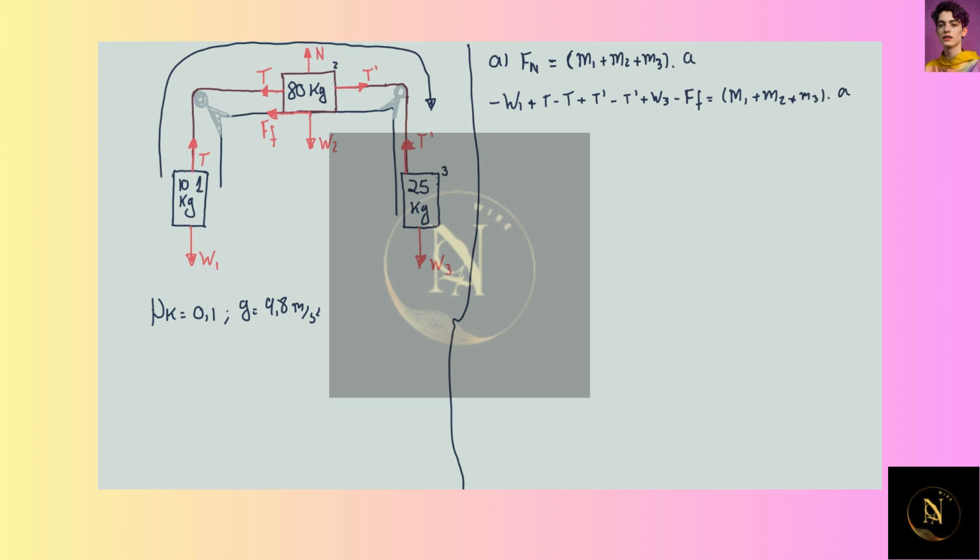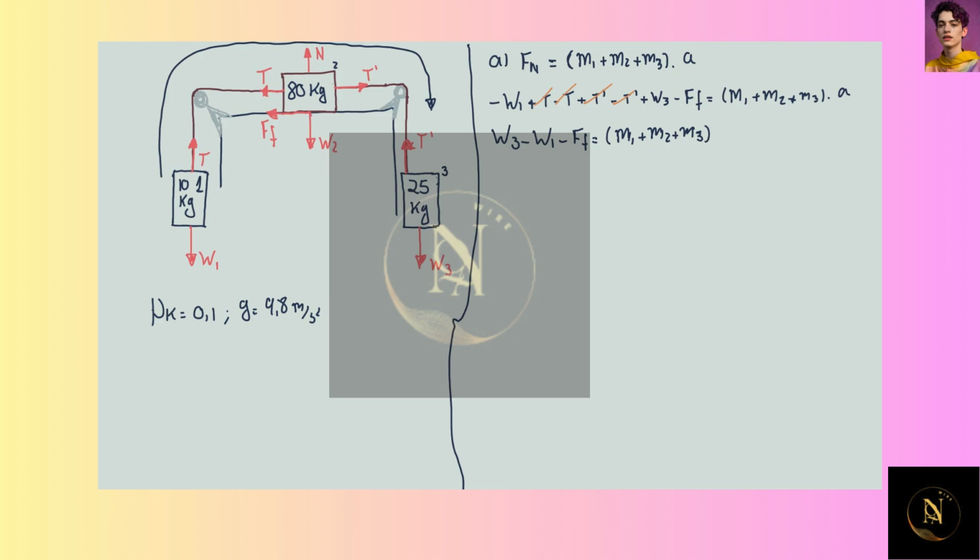Notice that there are several cancellations because of the action and reaction pairs of tensions. So there is a simplification here and here, and we are left with W3 minus W1 minus the frictional force equals the full mass of the system, m1 plus m2 plus m3, times a.